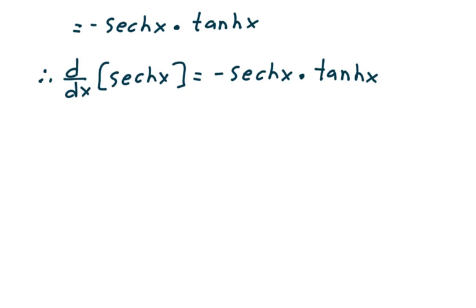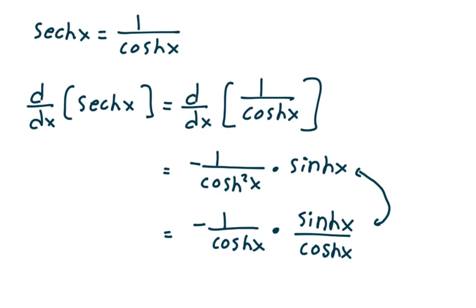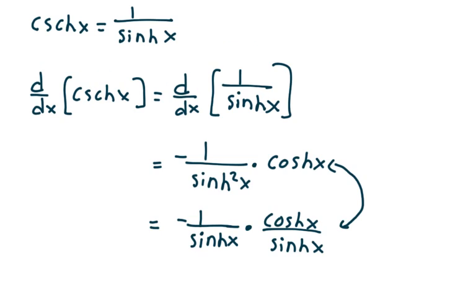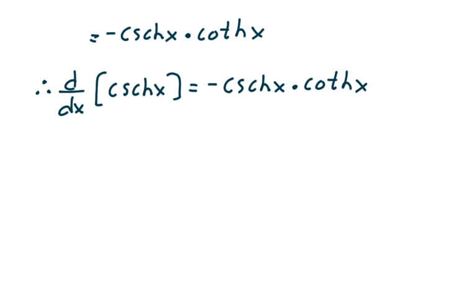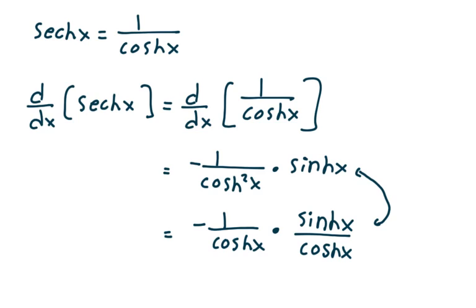And we have one more here, I believe. So if you notice, we did hyperbolic cosecant x, right? And we did hyperbolic secant x. And so the last one I want to cover is hyperbolic cotangent x. And so this is cosh x over sinh x.